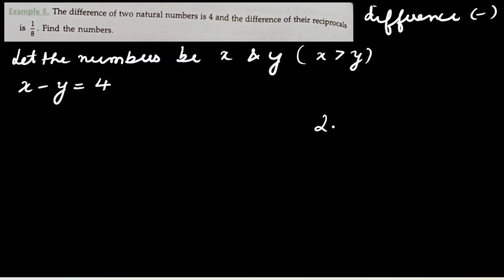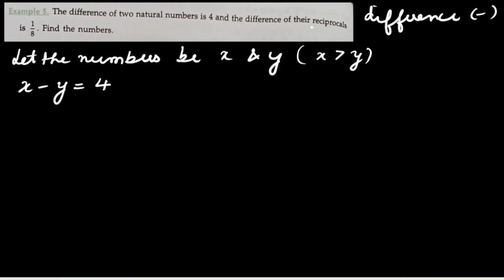If I do 2 minus 1, that is 1. If I do 1 minus 2, then the difference will be negative 1. So from the greater number I am doing the subtraction, that's why I have assumed x is greater. So x minus y is equal to 4. It's given that the difference of two natural numbers is 4.